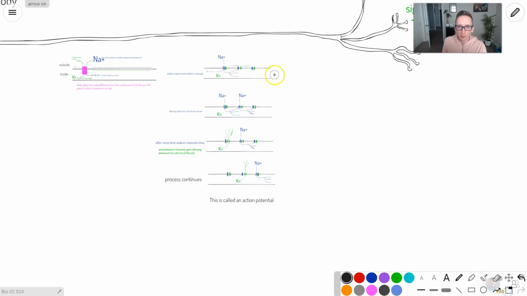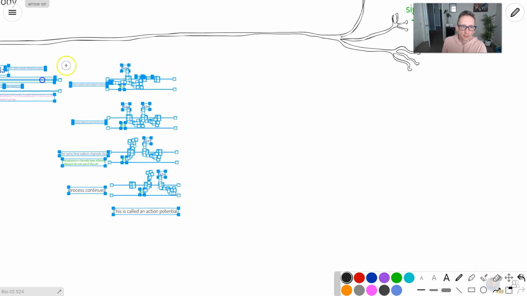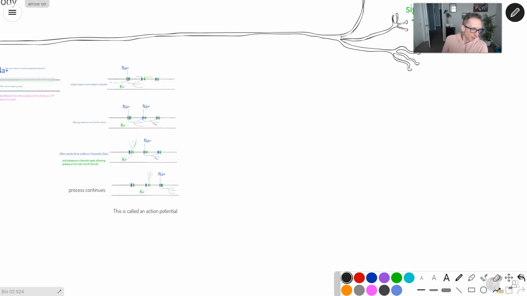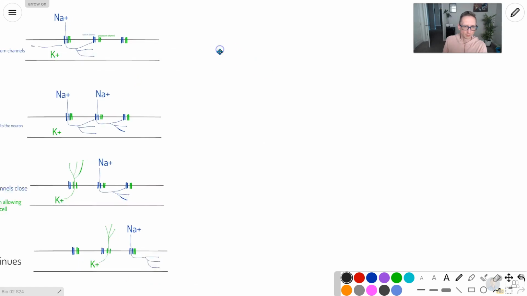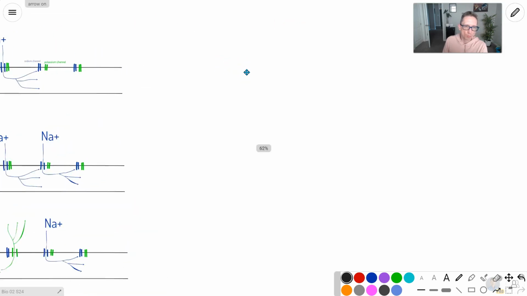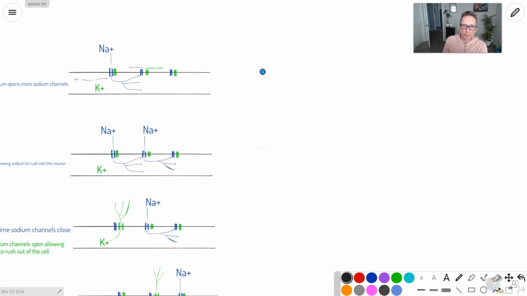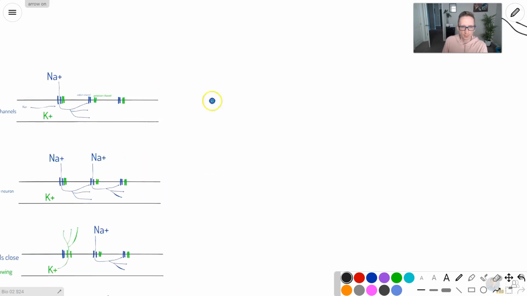All right, I made these a little bigger than I expected, but that's okay. Now let's talk about it in the form of electrical properties. I'm going to try to think exactly how I want to do this, because I didn't do this as an exact copy of the way I wanted to.